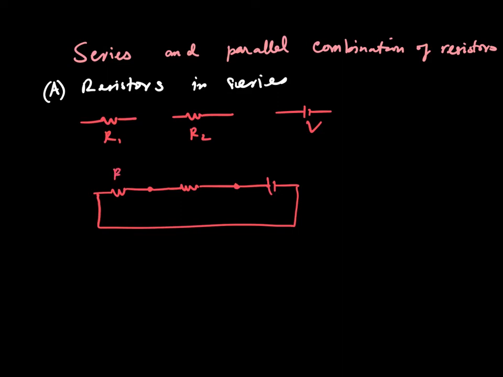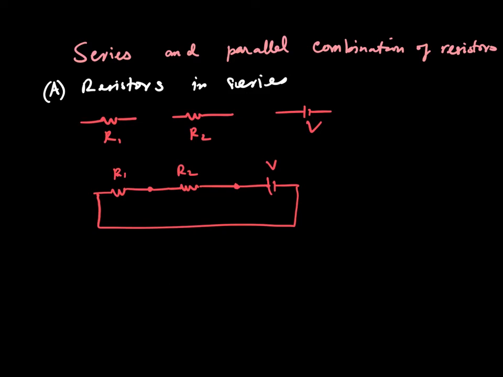So we have R1, R2, and then we have V. So when resistors are combined like this, you would say that these resistors are connected in series.